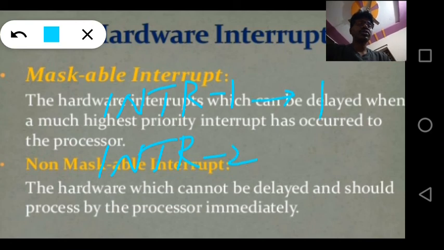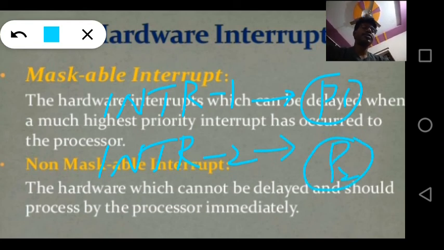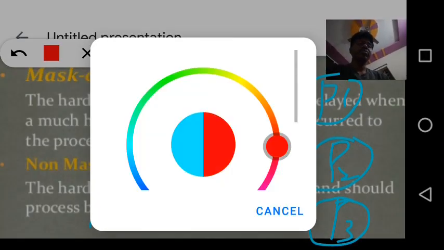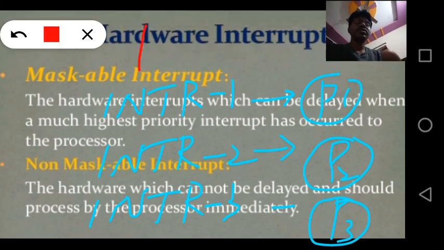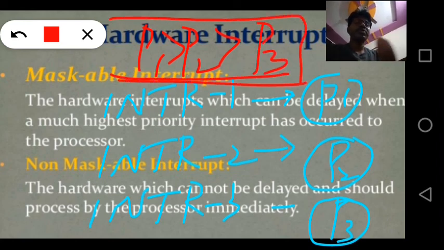This has got P1 priority, highest priority, and this has got lowest priority. And let's assume another interrupt request 3. This has got P3 priority. P1 priority is greater than P2 priority, greater than P3 priority.